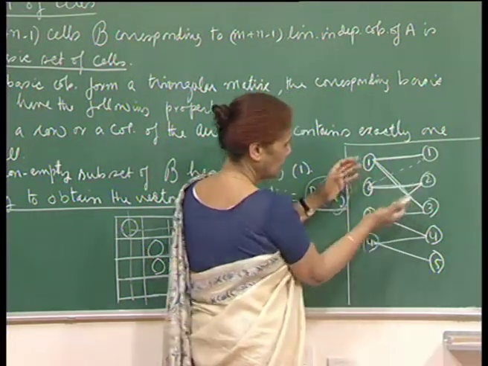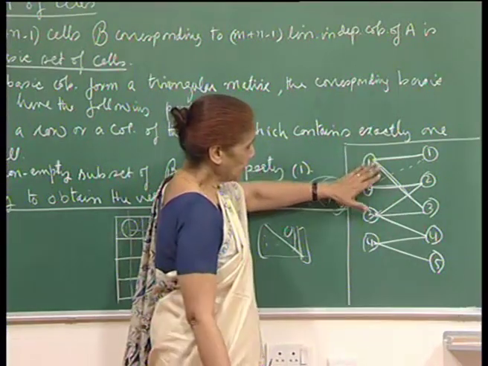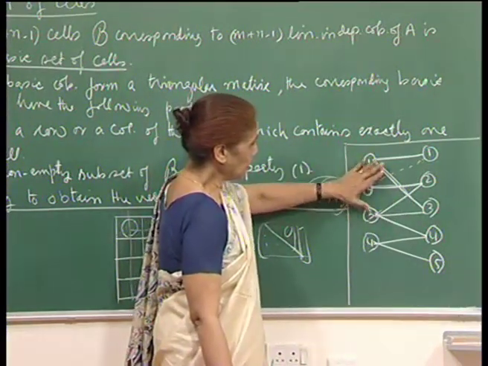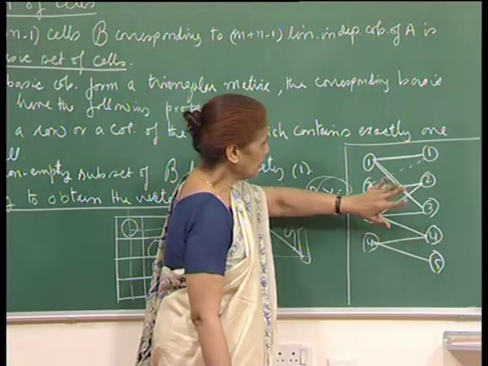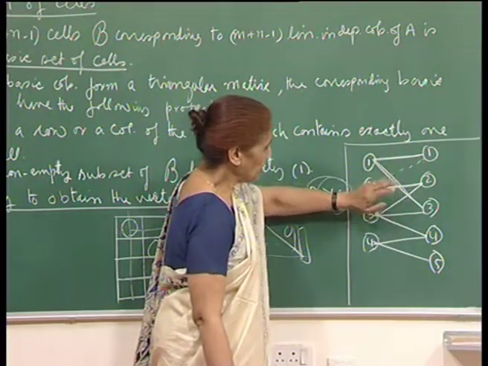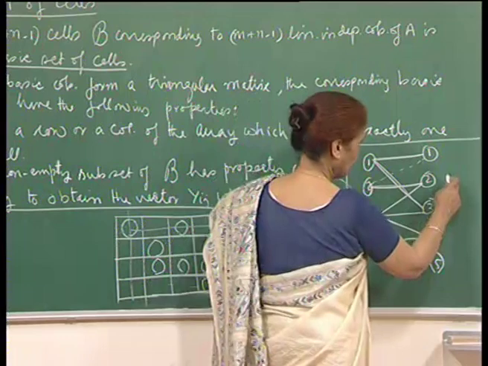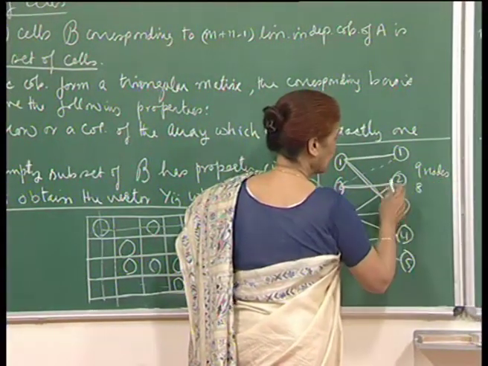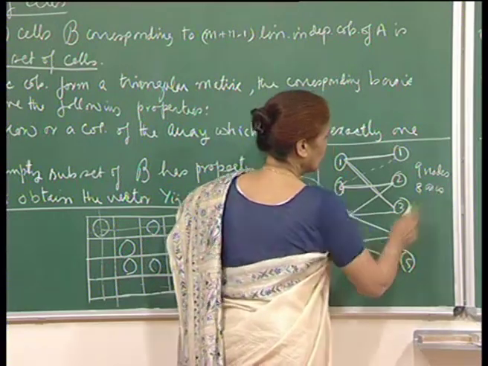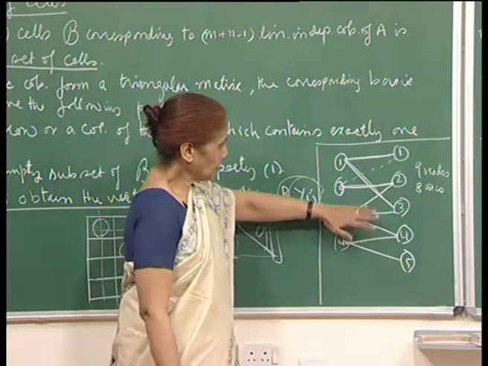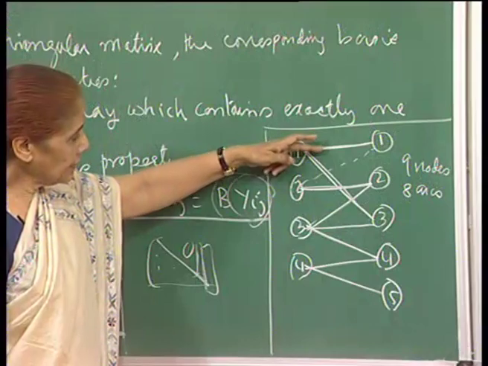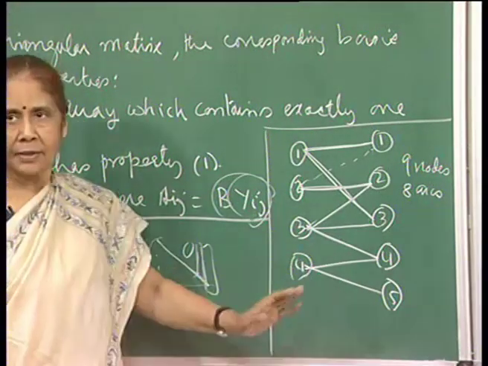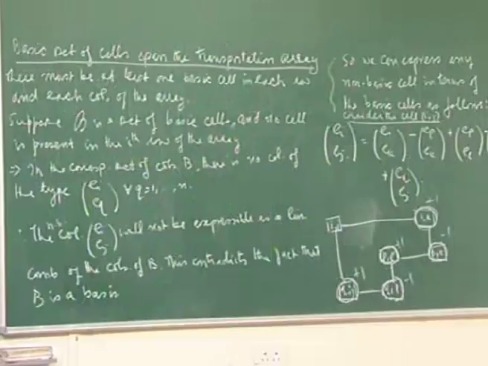So, this is a graph with m plus n nodes. Here, for example, it is 9 nodes. I am saying that you take 8 arcs and they correspond to your basis, and they will form a spanning tree. That is why I use the word span there.